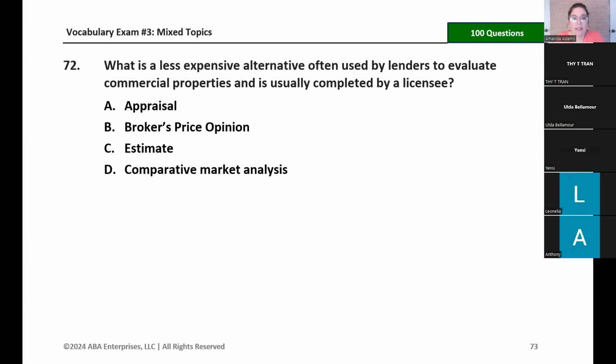What is a less expensive alternative often used by lenders to evaluate commercial properties and is usually completed by a licensee? What is that one, you guys? That's a B. That's what we just talked about. That's the broker's price opinion.